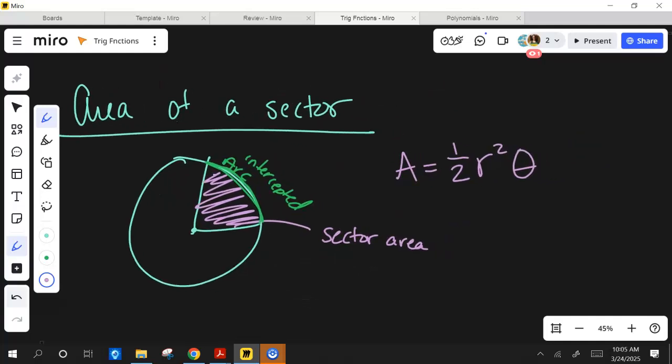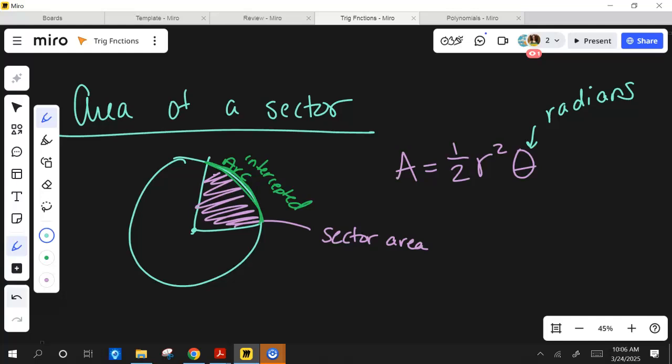Theta here, again, must be in radians. Now, my shaded area could be small or it could be large.